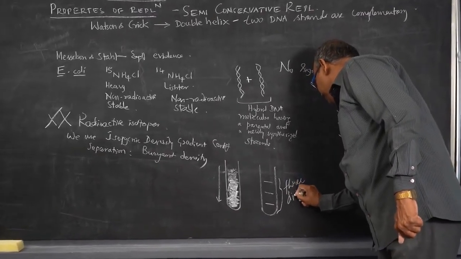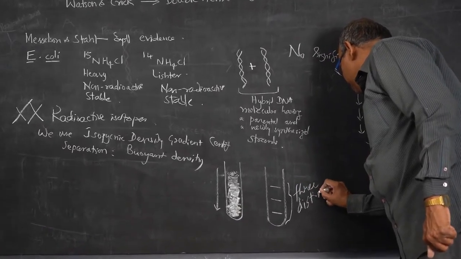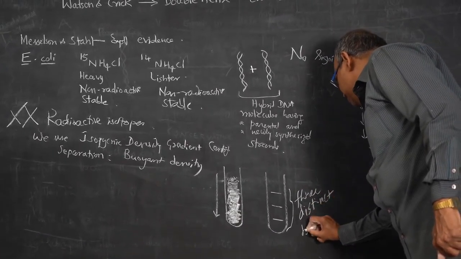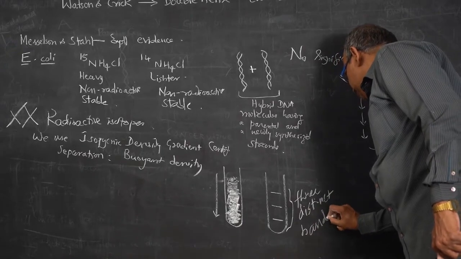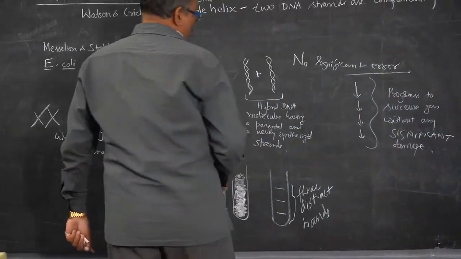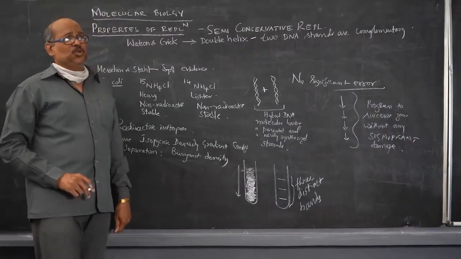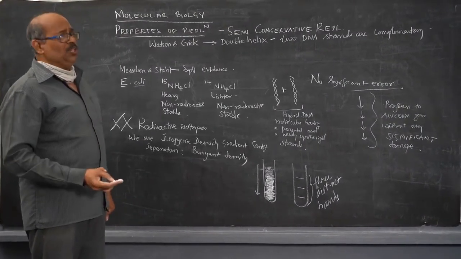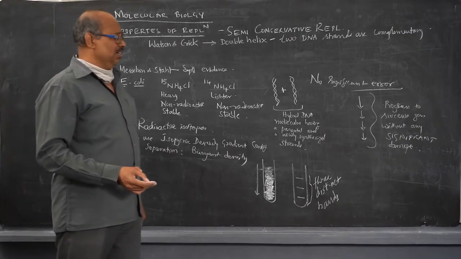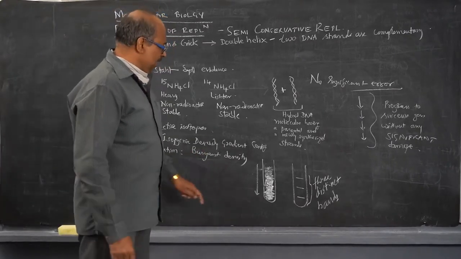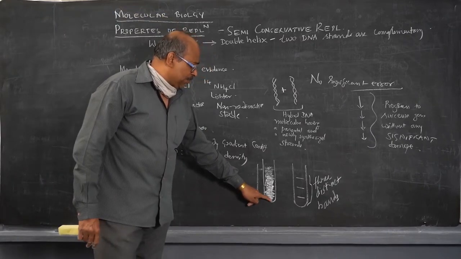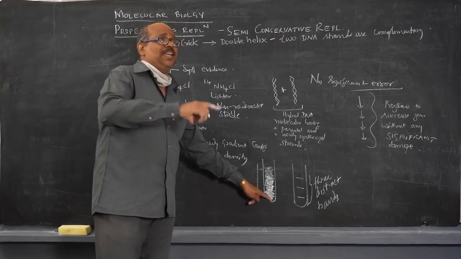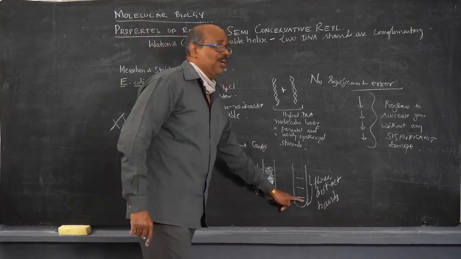We don't call them precipitates, we don't call them pellets, we call them bands. So it's more similar to that of electrophoresis rather than the usual centrifugation. It forms only the bands but not the pellets because the density of the medium at the bottom will always be higher than the density of the densest particle.